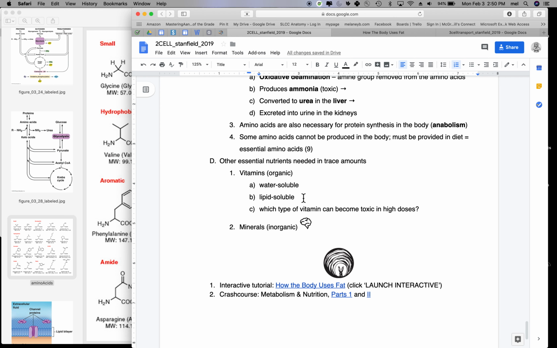So don't try it. But lipid soluble vitamins are even more likely to accumulate because, of course, our kidneys are not effective at cleansing lipid soluble things from the blood plasma. So we tend to store them, and we store them in our fat tissue. Those can and do become toxic in high doses.